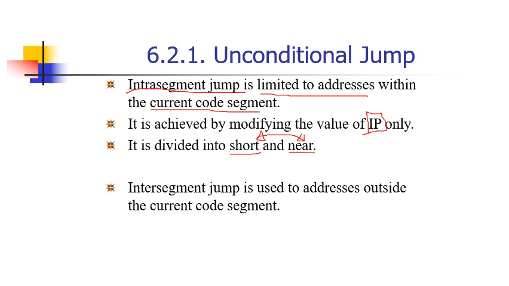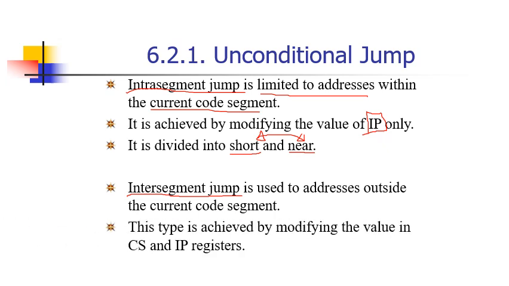We'll talk about the short and near shortly, but let's introduce the inter-segment jump as well, which is done by modifying both the value inside your code segment register and the value inside your instruction pointer.